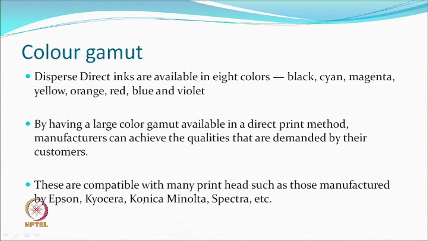Dispersed dye inks could be available in not just 4, but 8 color gamut, and by having a large gamut, manufacturers can satisfy the demands of the customer, and real reproduction is happening. If it is a designer color, the 4 colors can do everything.